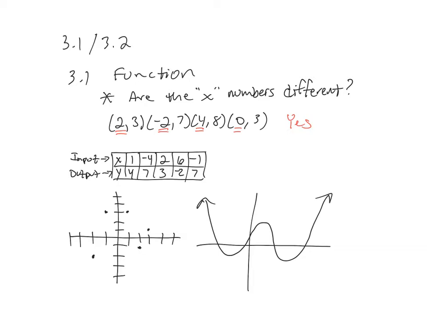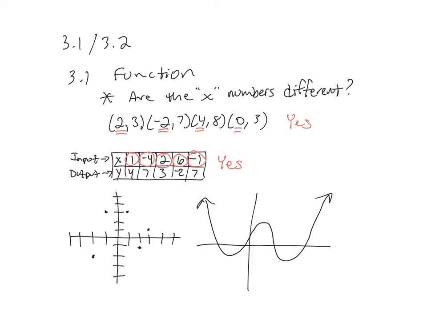But we still look at the x numbers. All of them are different. It doesn't matter that one's positive and one's negative, like the 1 and negative 1. So yes, that's a function.